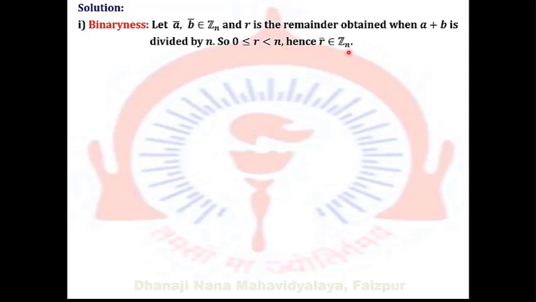Hence by definition of Zn, r bar belongs to Zn. Therefore, a bar addition modulo n b bar is nothing but equal to a plus b bar, that is equal to r bar, which is element of Zn. Hence, Zn is closed under operation addition modulo n. That is, here addition modulo n is a binary operation on that set Zn.